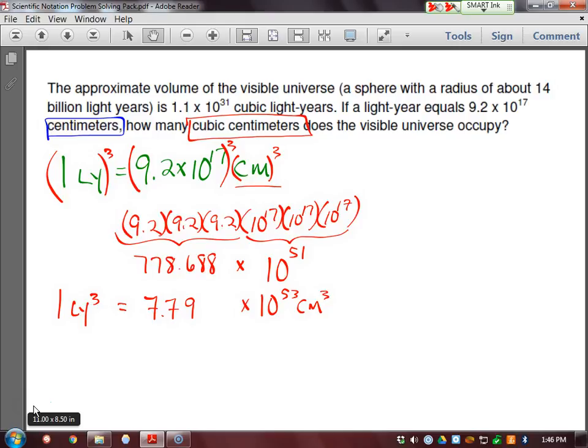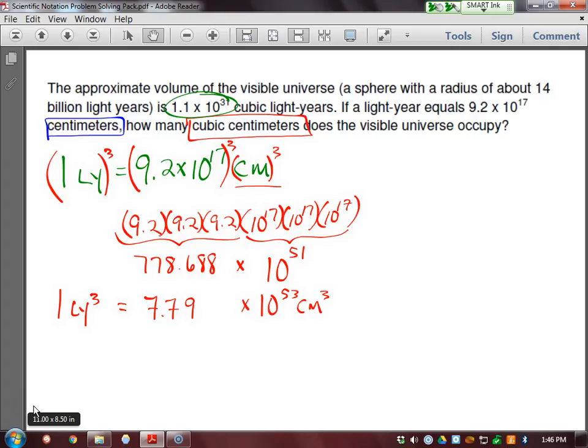So now that we have what 1 light year is, we don't have 1 light year. We have 1.1 times 10 to the 31 light years. So that means if we know that 1 light year is this much, 7.79 times 10 to the 53, we then need to figure out how much is 1.1.